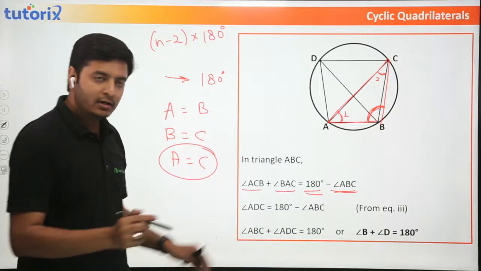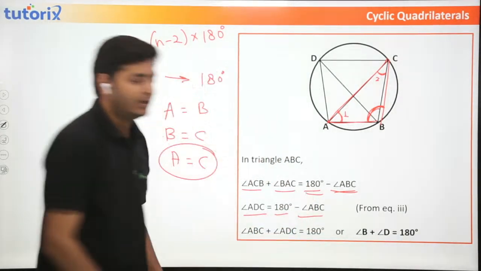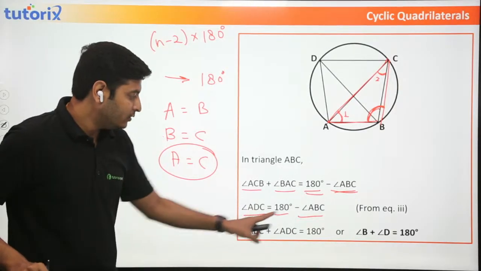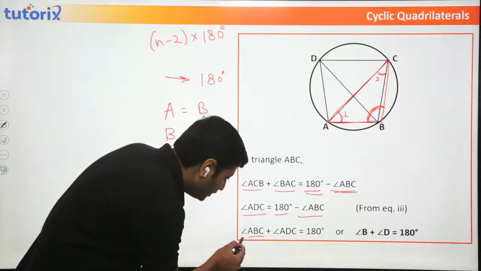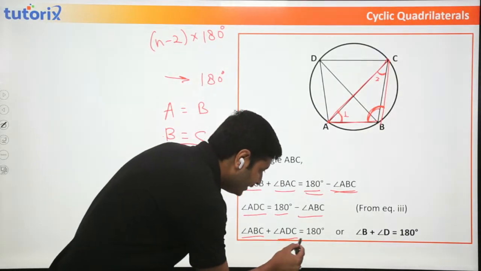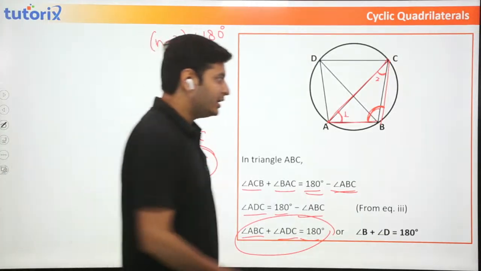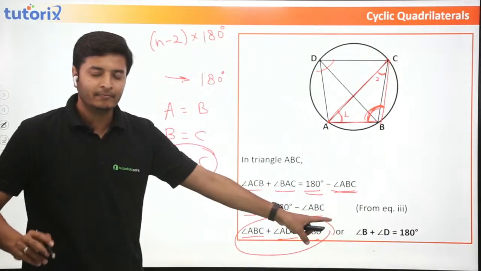After equating, we get angle ADC is equal to 180 degrees minus ABC. Now we can transpose this ABC to the left hand side. We get angle ABC plus angle ADC is equal to 180 degrees. Or in simple language, angle B plus angle D is equal to 180 degrees.